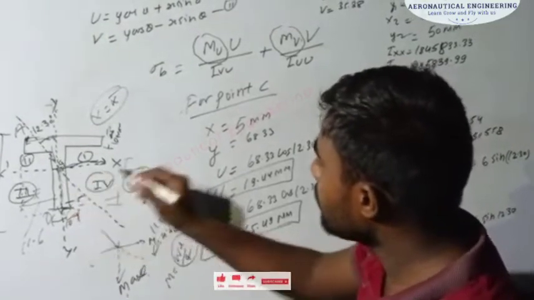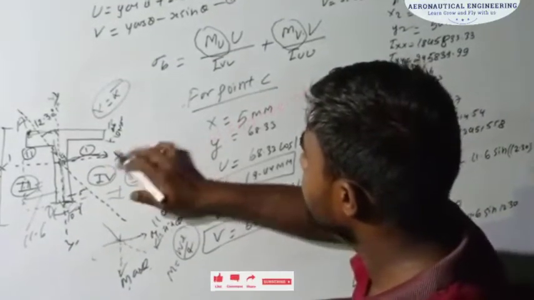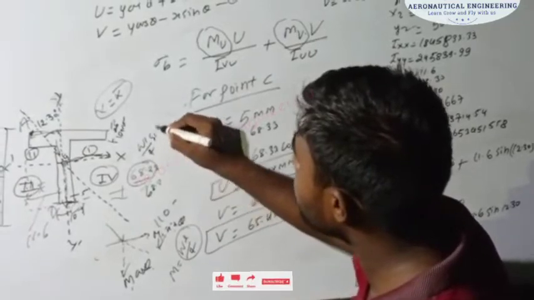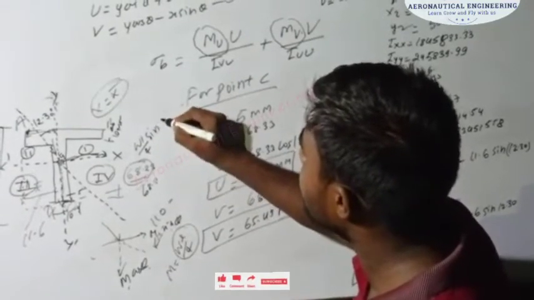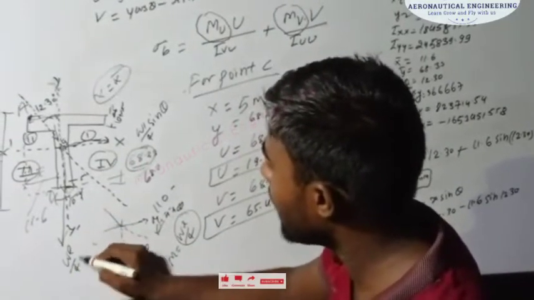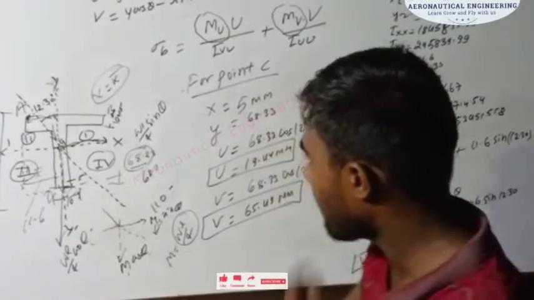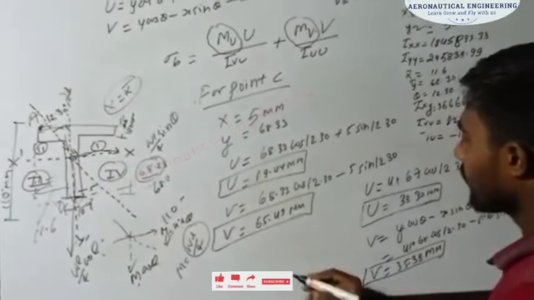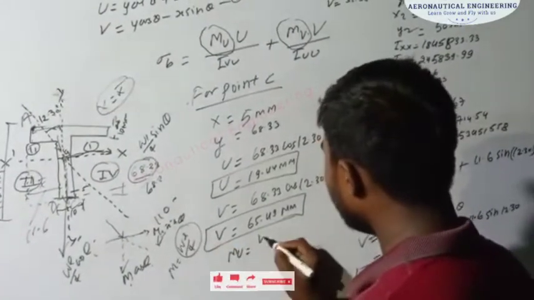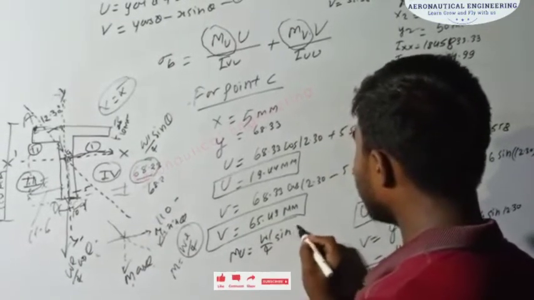Now for this direction, this one equals WL upon 4 into sin theta, and this force equals WL upon 4 into cos theta. Now you just see Mv equal to WL upon 4 sin theta.